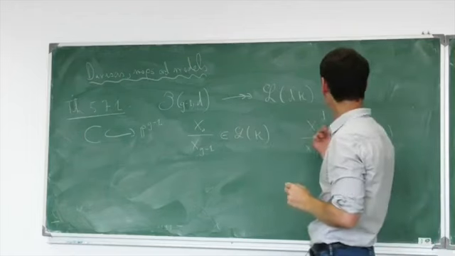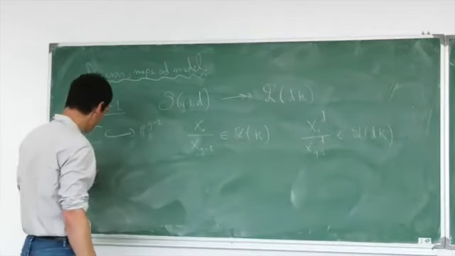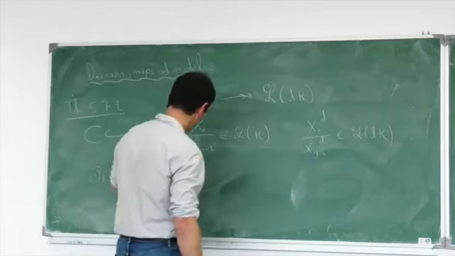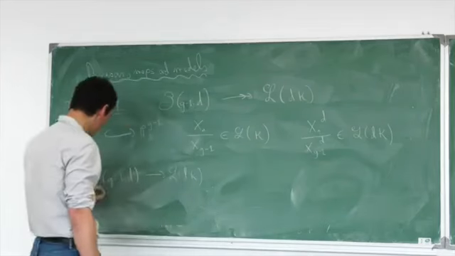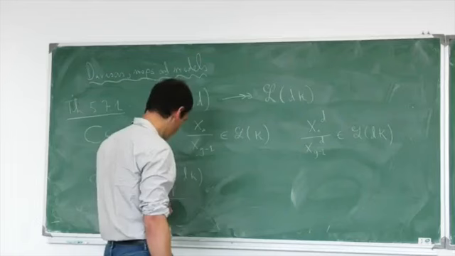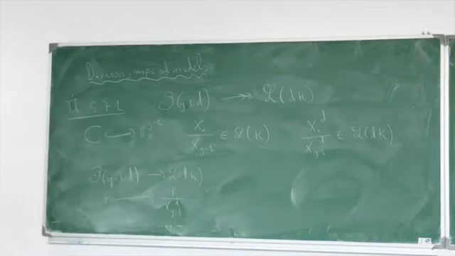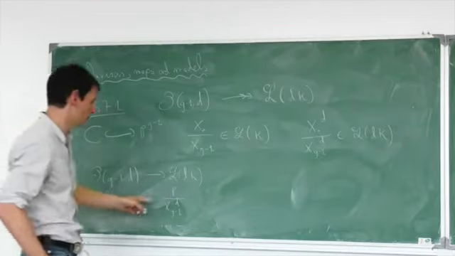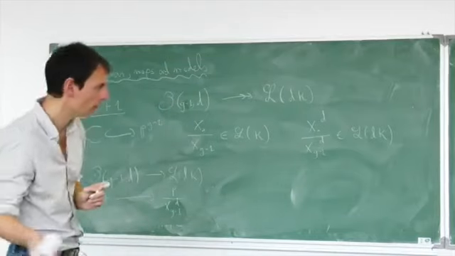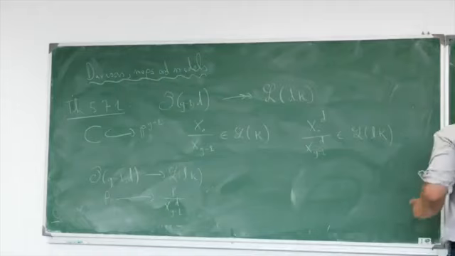And of course, I can modify it by a linear combination. So my map from P_{g-1,d} to L of d kappa simply maps a polynomial p to p over x_{g-1} to the d. All right, and I'm fine with that. And the big result is that this map is surjective. So let's apply this result in the case of d equals 2 for genus 5.